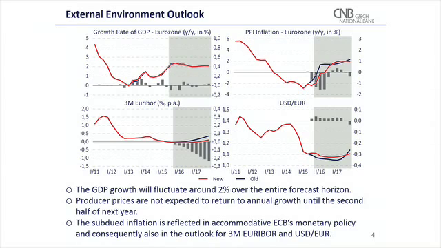Of course, the very muted price developments in the euro area are affecting the monetary policy of the European Central Bank and its future outlook. So for the moment, the path of the 3M Euribor that we assume in our forecast is close to zero, basically until the end of 2017.